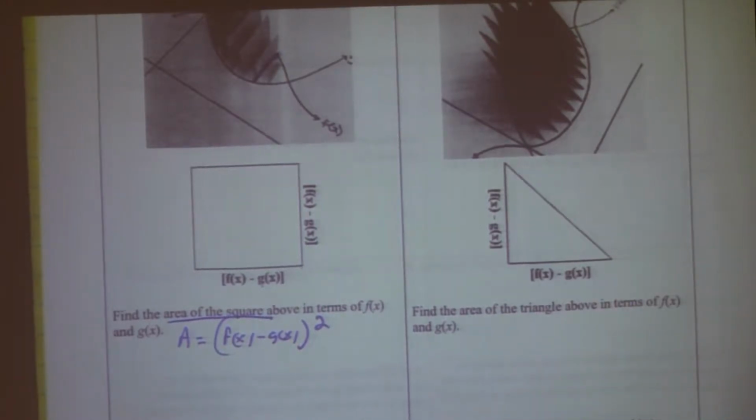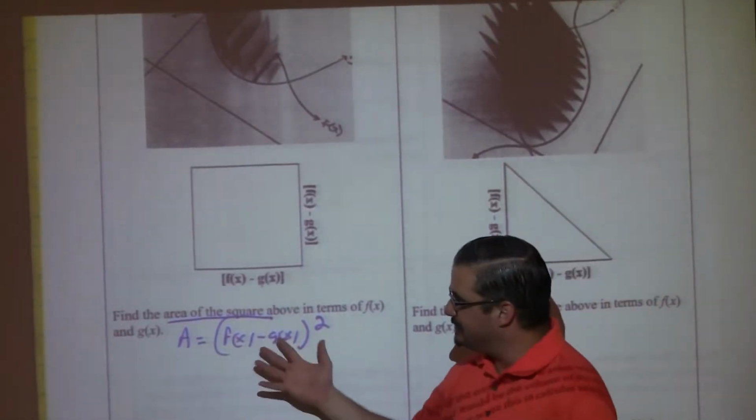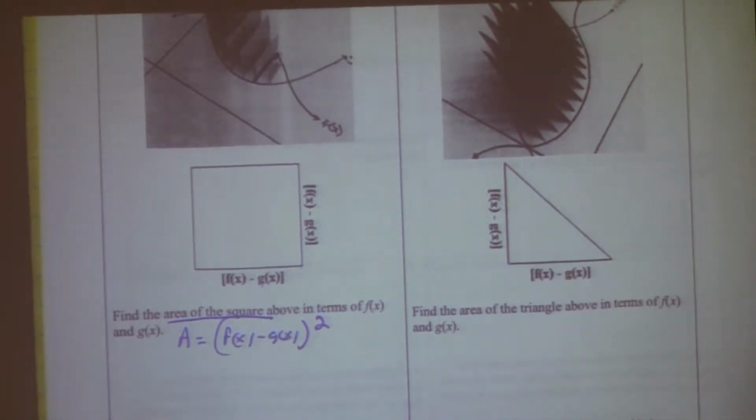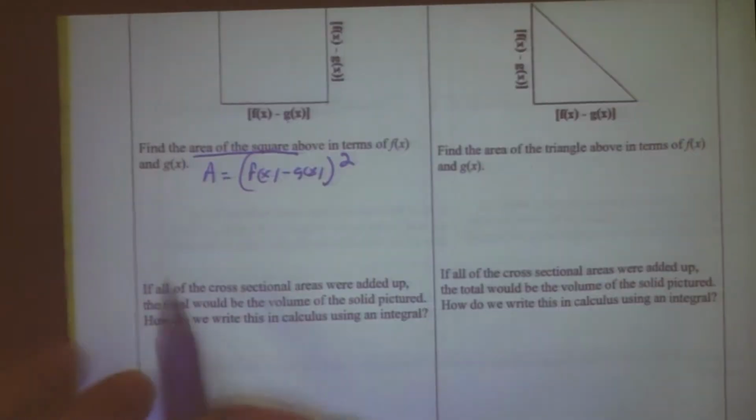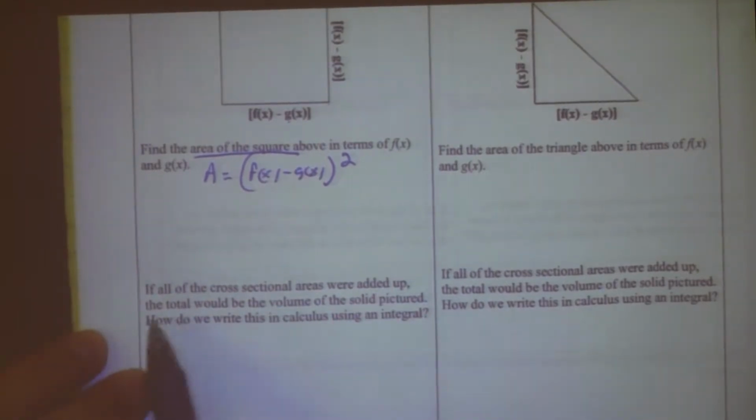If I want to make infinite of them and add them all up, that's where I need an integral, because the integral is the summation. It would be the summation of all those areas of each different cross section that would add up to be the volume of that three-dimensional figure. So if the cross-sectional areas were added up, the total would be the volume of the solid.